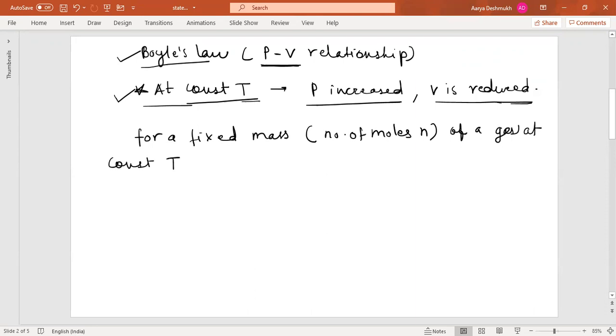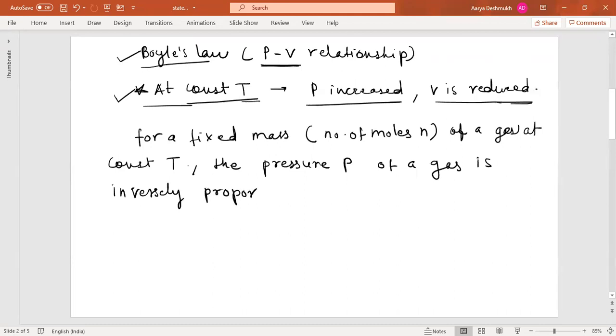At constant temperature, the pressure P of a gas is inversely proportional to the volume V of gas.